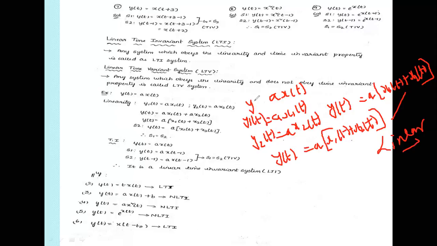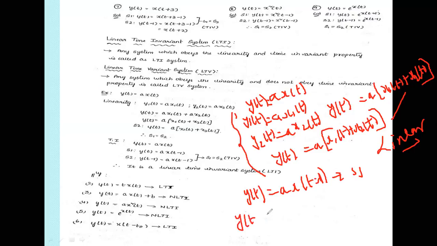Also, for the same function, y of t is equal to a into x of t, find whether it is time invariant or time variant. First, delay the input signal only, x of t minus 1, let it be S1. Then the entire system is delayed: y of t minus 1 is equal to a into x of t minus 1, that is S2.